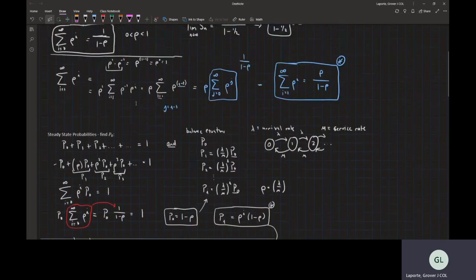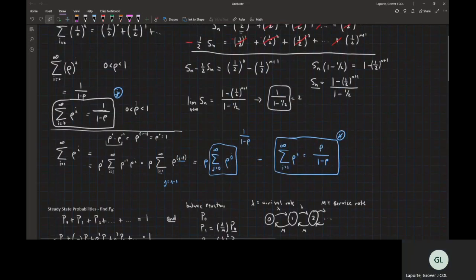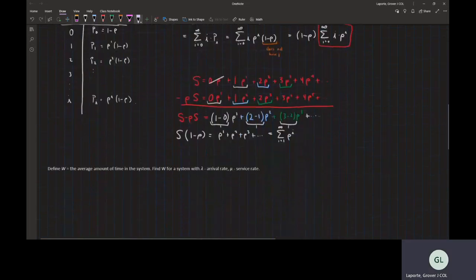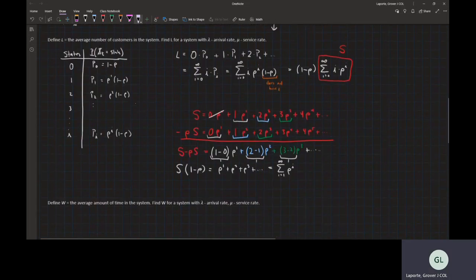So let's go back up and just recall it. Let me get a purple out here. Okay, yeah, this was it right here. So this was what we already figured out. If I'm starting at 1 instead of 0, then it's rho over 1 minus rho. So let's go back down and write rho over 1 minus rho in for that.